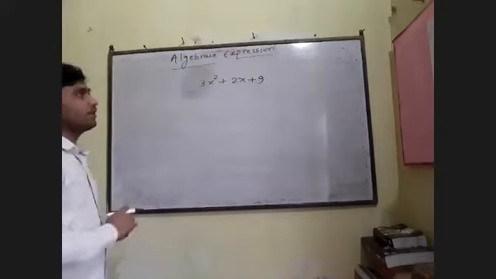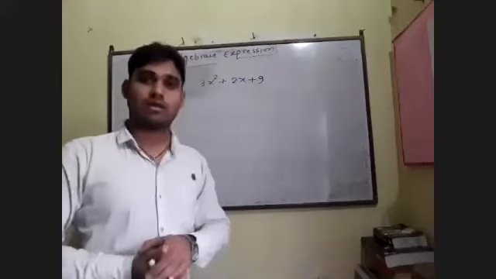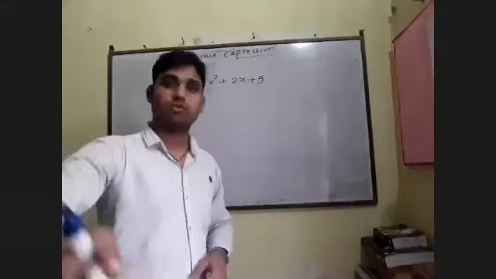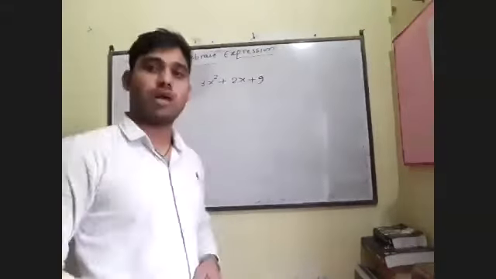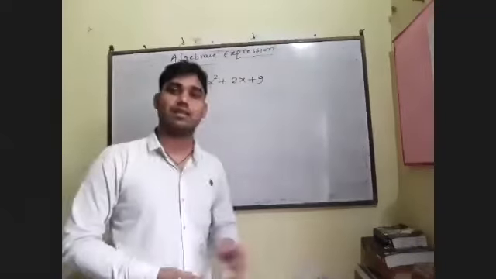In this chapter, we will learn how to add the given algebraic expressions if there are two or more, how to multiply, how to subtract, and how to divide algebraic expressions by each other.